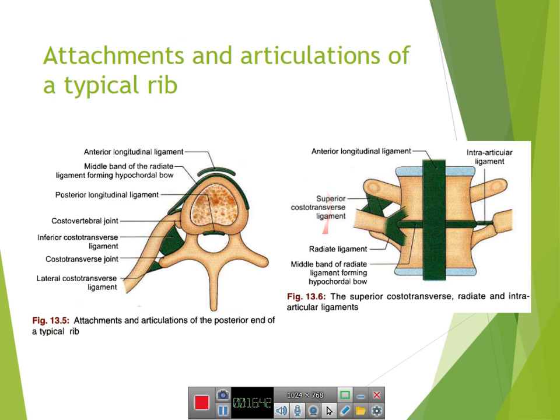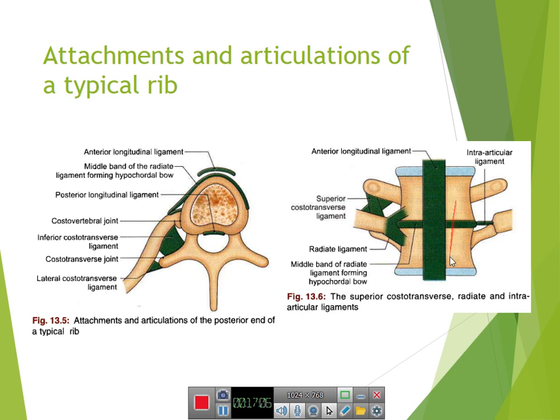So in this slide I'm going to talk about attachments and articulations of a typical rib. We have two pictures here, in the right side and in the left side. In the right side we have two vertebrae with three intervertebral discs in blue color.